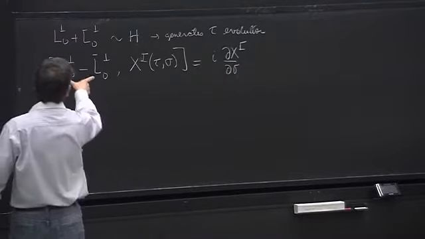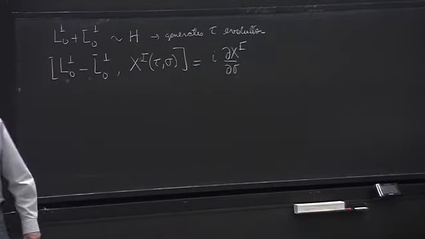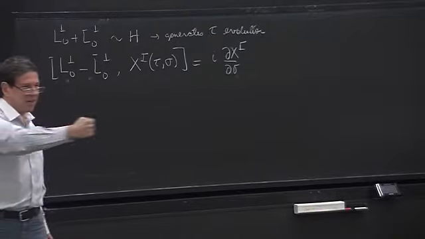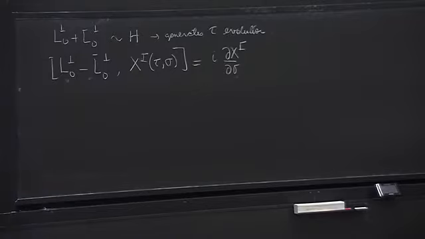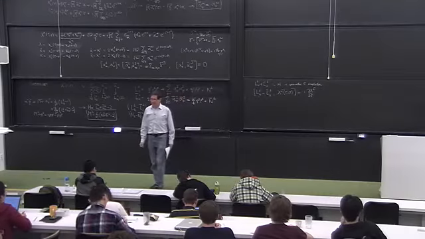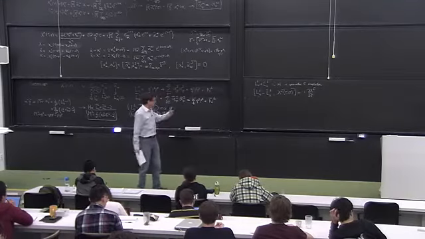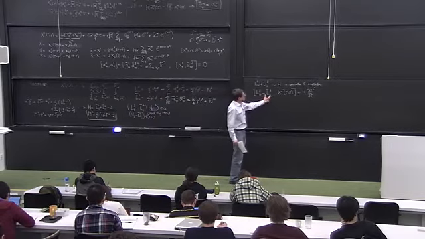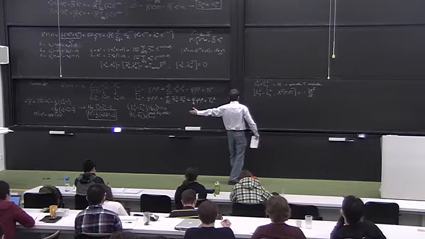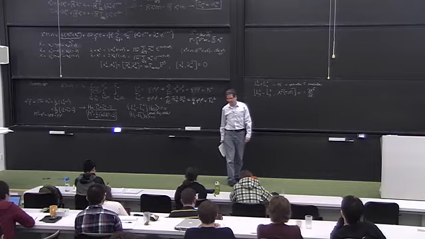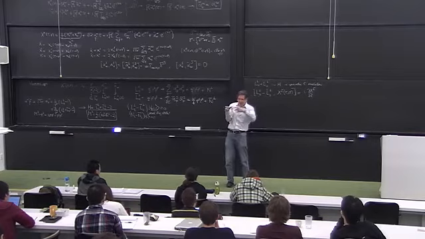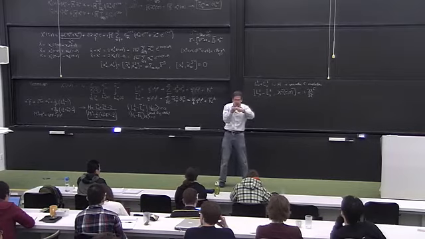L0 minus L0 bar is the generator of sigma translations. What is it saying? The statement that L0 minus L0 bar generates sigma translations, but it kills all states, states that all physical states are invariant under constant sigma translations.